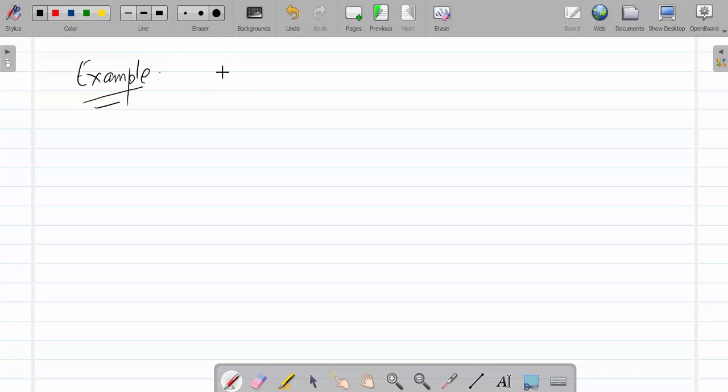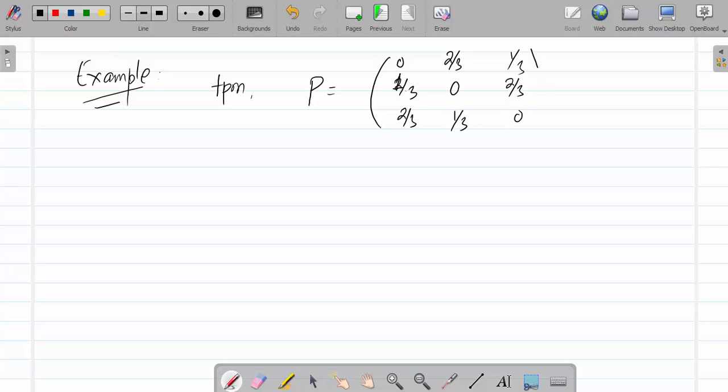Consider a Markov chain with transition probability matrix P equal to 0, 2 by 3, 1 by 3; 1 by 3, 0, 2 by 3; 2 by 3, 1 by 3, 0.